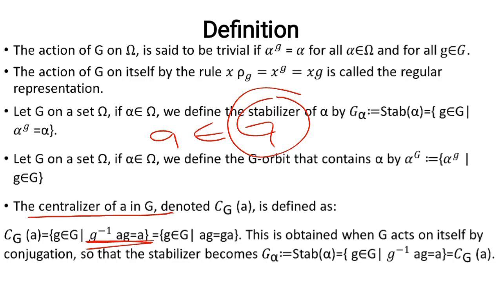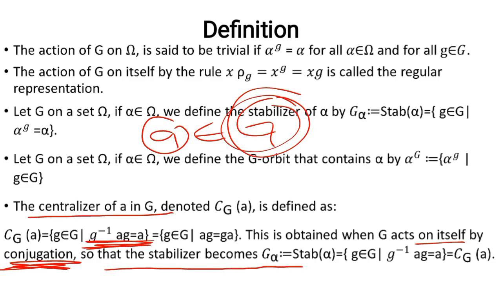This is obtained when G acts on itself. You can tell because the element A is in G, so G is acting on itself by what? Conjugation. So this action is what we call conjugation, so that the stabilizer becomes what you have on the screen here, right? Because it's acting on itself.